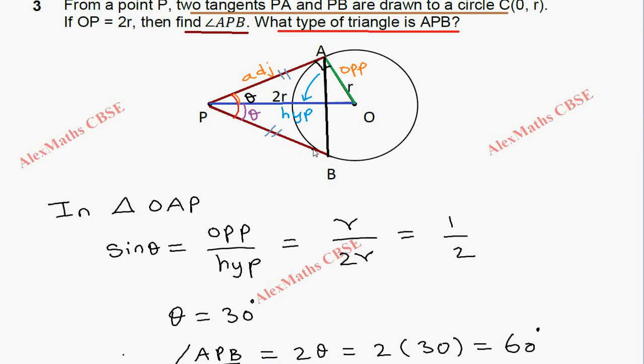And suppose I take this angle as x, and this angle will also be x. The 90 degrees is with this OA, but when we take this triangle, both are equal.